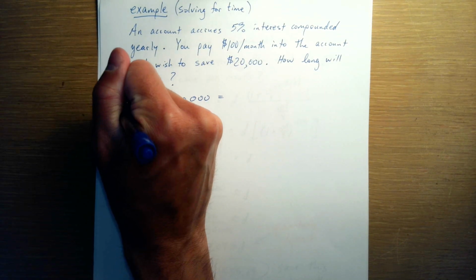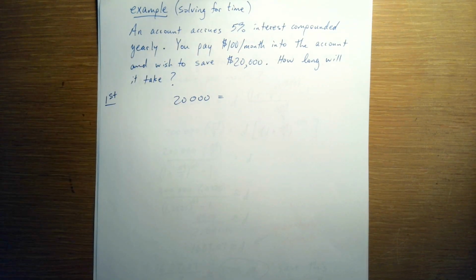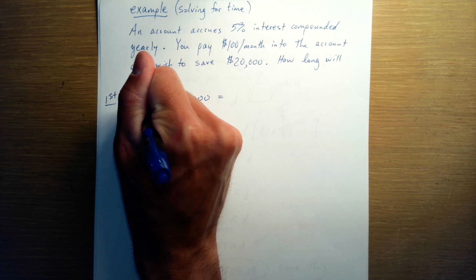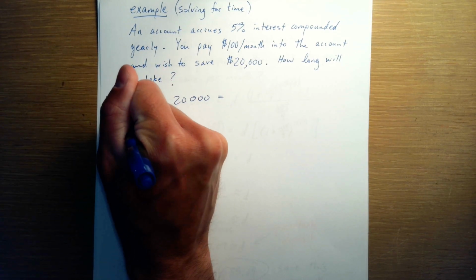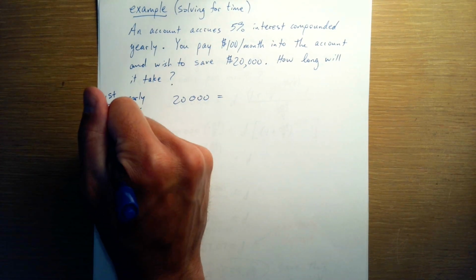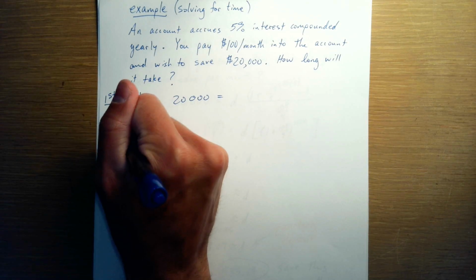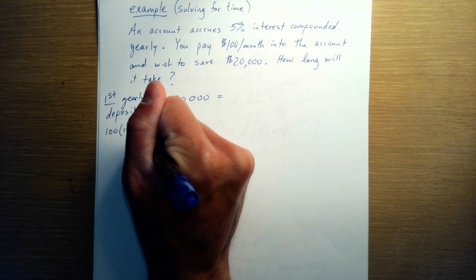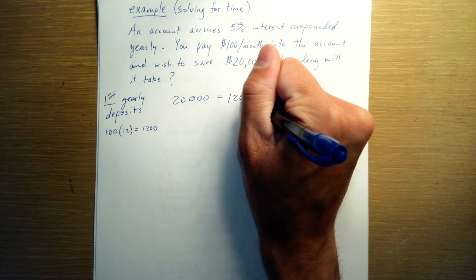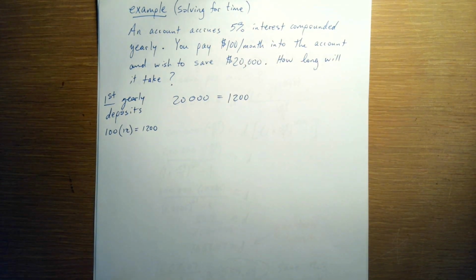So first, we need to change our monthly deposits into yearly deposits. Our monthly deposit is $100, of course 12 months in a year, so we get $1,200 as our yearly deposit, which means our D is $1,200.